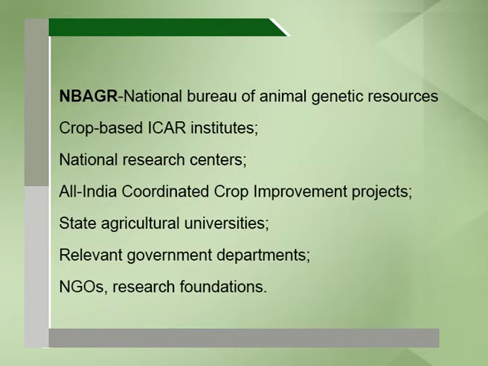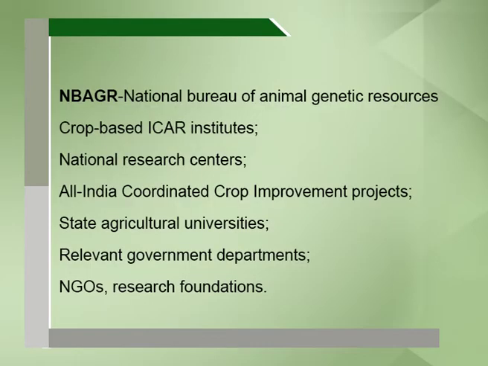And we can conclude this session with one of the most important institutions, that is the National Bureau of Animal Genetic Resources. What will it do? It is related to the crop-based ICAR institutes and also to the National Research Centers. That means it provides germplasm, and acts as a nodal agent for providing germplasm.